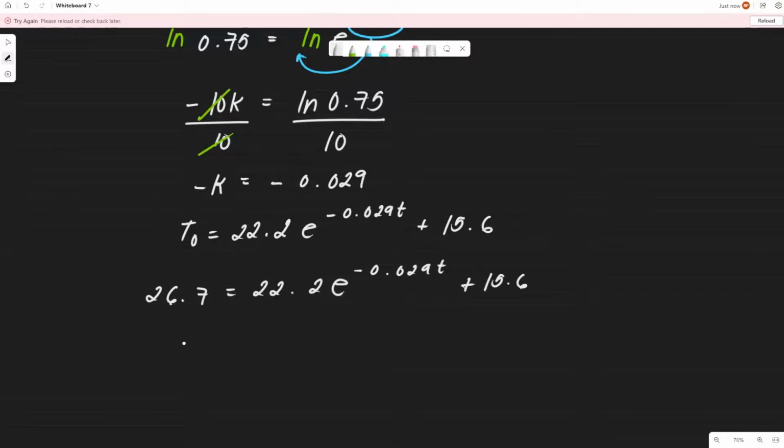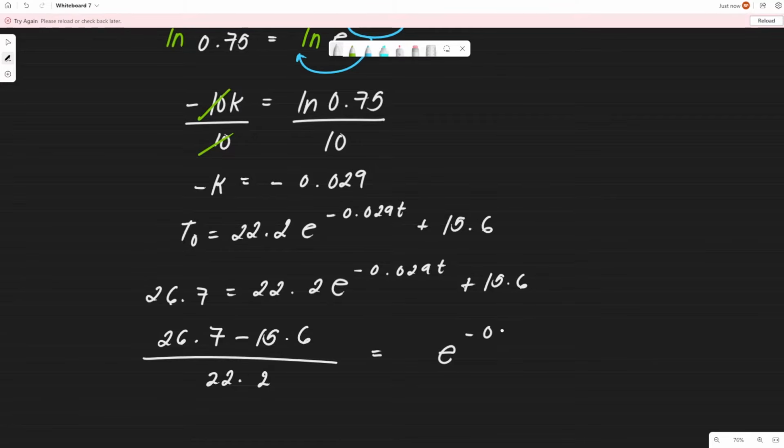So we'll have 26.7 minus 15.6 all over 22.2 equals e raised to negative 0.029 t.